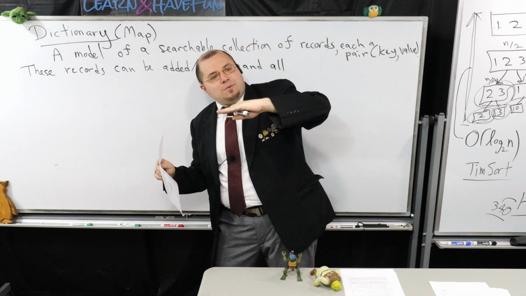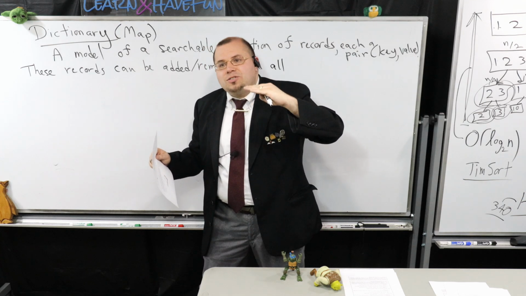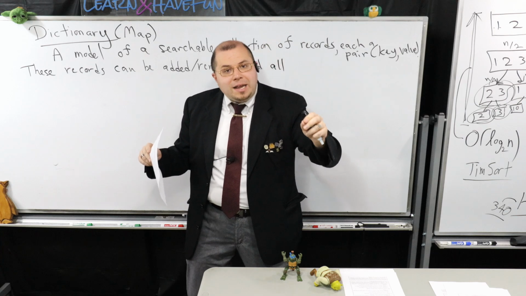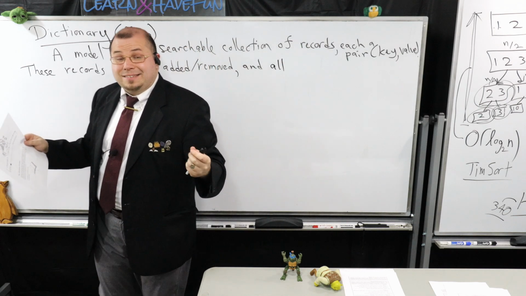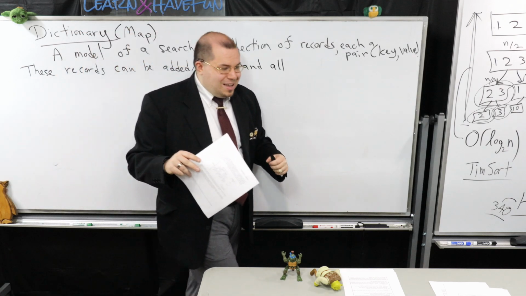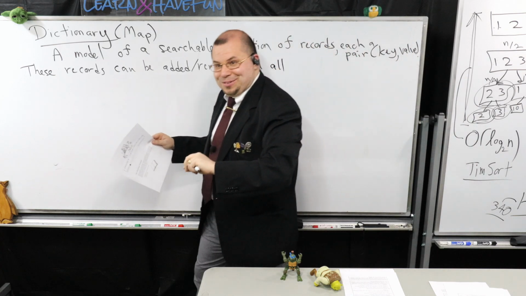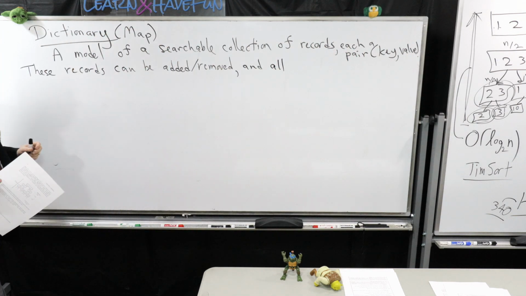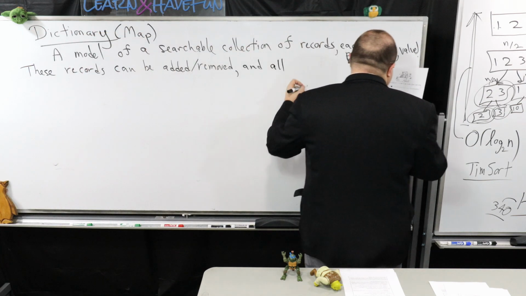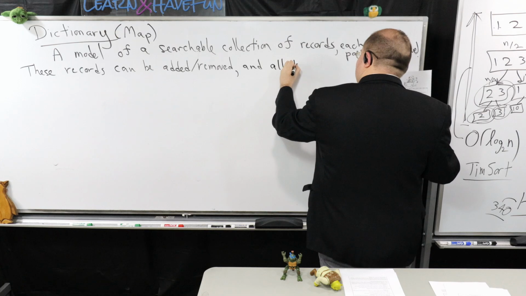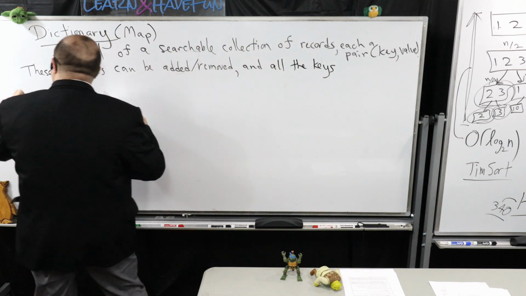Our goal by the end of this course is to show you the data structure that serves as the backbone for many ways of setting up database management systems and even things like file system trees. So we'll be working our way up to that, and that's where we're going to end this course. Hopefully that gets you kind of excited. I know it gets me excited every time I say it. And all the keys must be unique.